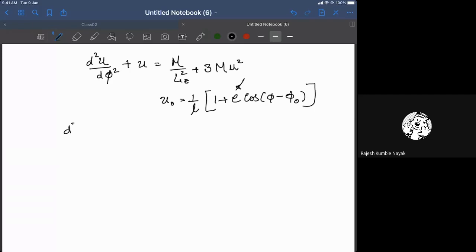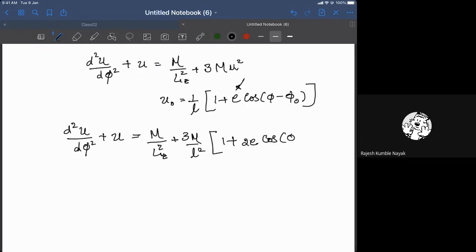So then you substitute back again, you get d square u by d phi square plus u is equal to m by L z square plus 3m by L square into 1 plus 2e cos of phi minus phi naught, and then e square into cos square of phi minus phi naught.